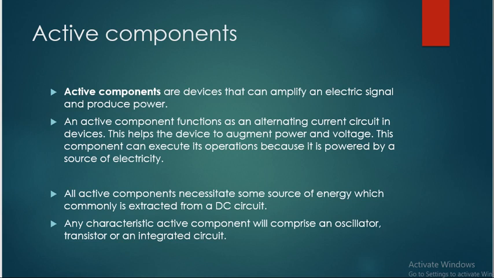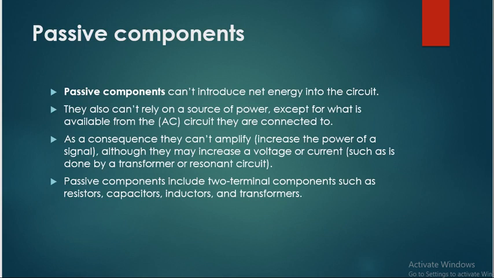Now let's move to the next category, passive components. Passive means they do not have the ability to amplify the signal. So passive components can't introduce net energy into the circuit. They also can't rely on a source of power except for what is available from the AC circuit they are directly connected to. This is the only source.